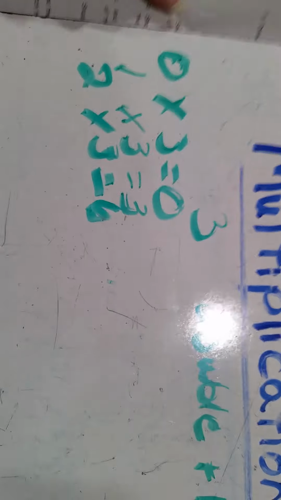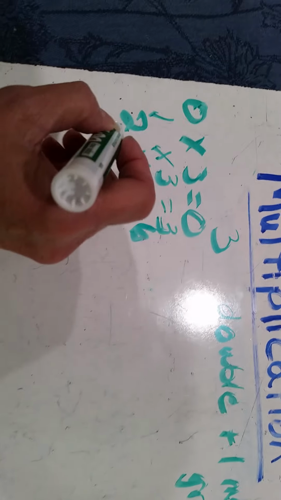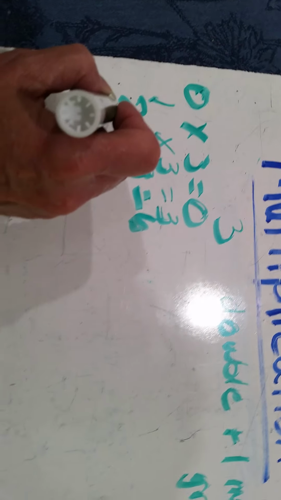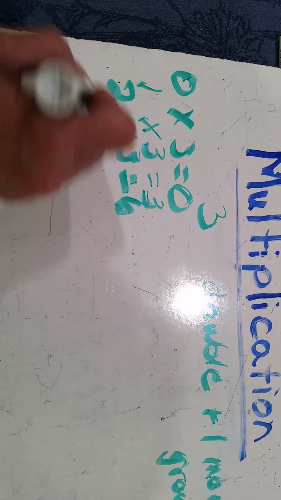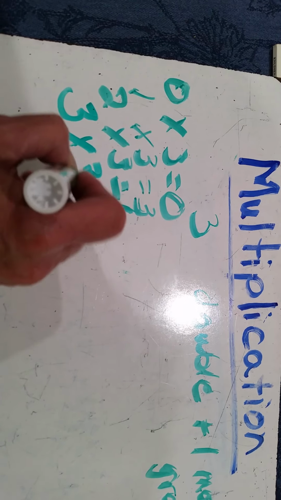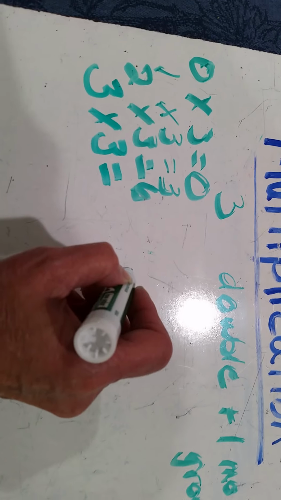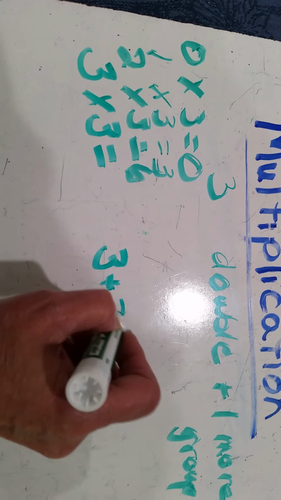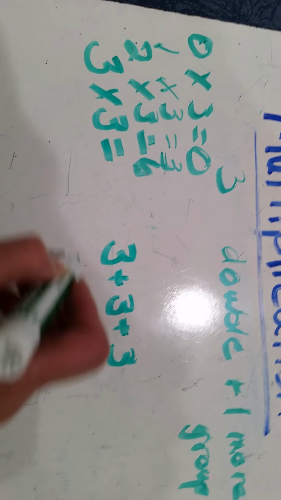This is where we start to need our multiplication. 3 times 3 equals repeated addition, 3 plus 3 plus 3.